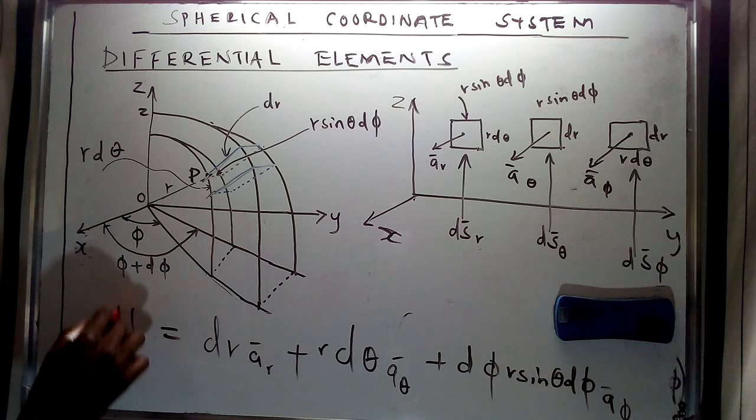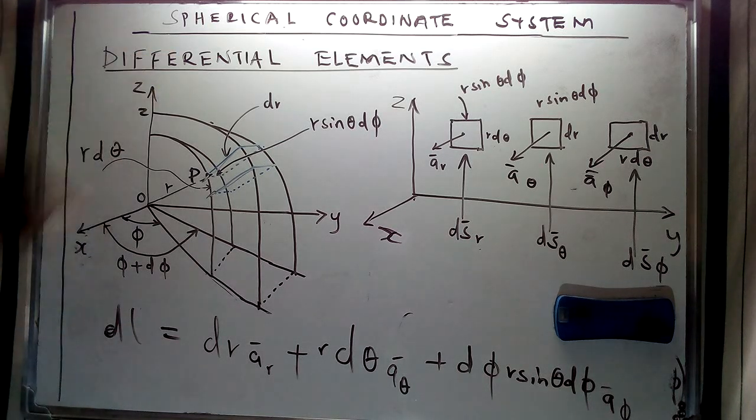So that's how we can define this vector length in a spherical coordinate system.